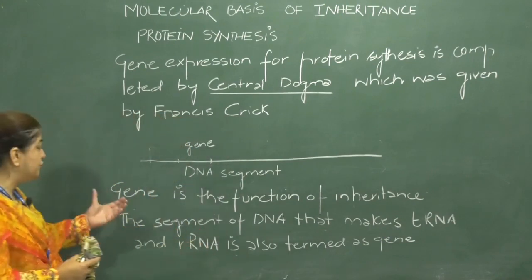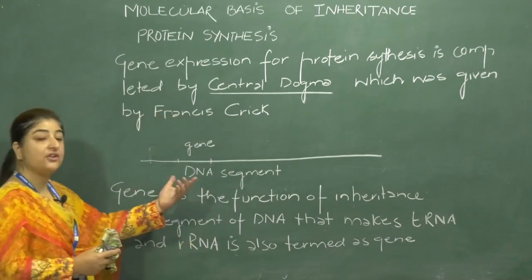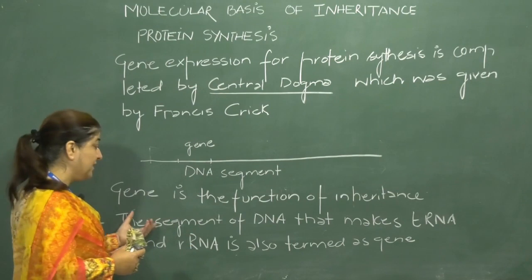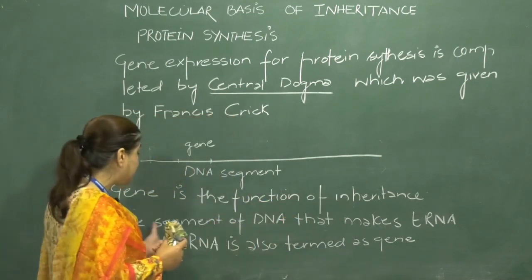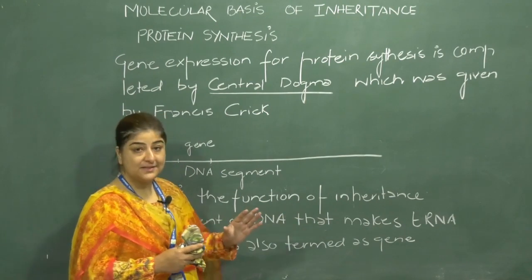So when we talk about the gene, we say that gene is the functional unit of inheritance, and the segment of DNA that makes tRNA and rRNA is also termed as gene.